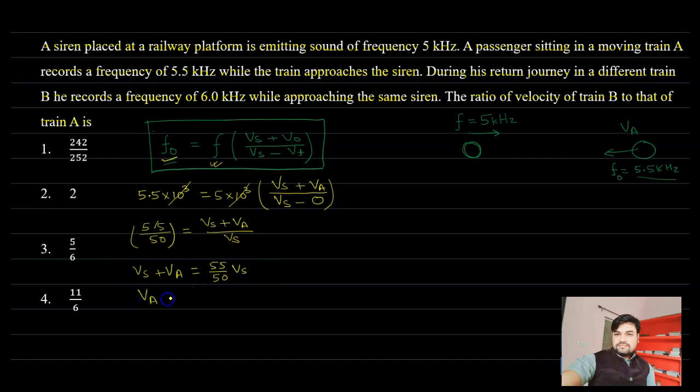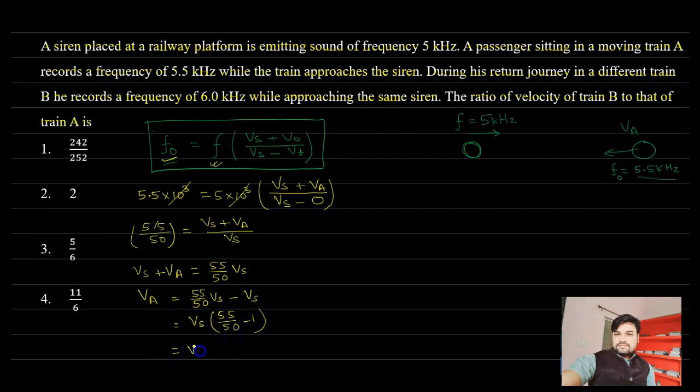So velocity of A will become 55 divided by 50 Vs minus Vs. We can take Vs as common, so this can be written as Vs times 55 divided by 50 minus 1.